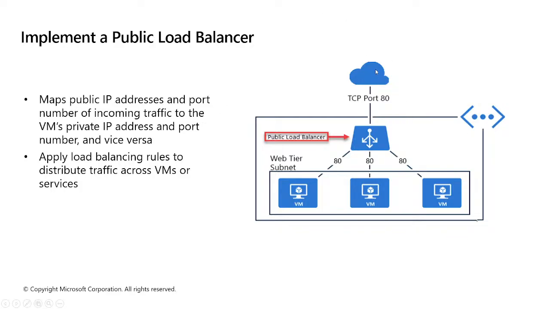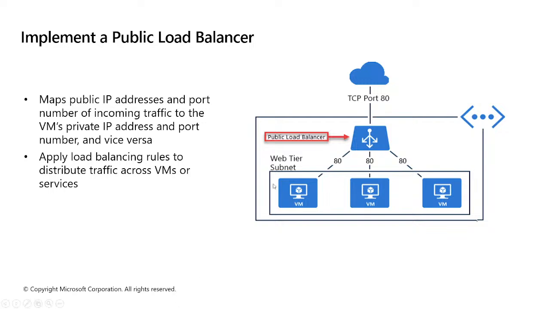Traffic is coming from the internet, and when it comes in, we've got, say, 3 different servers hosting our application. Let's say we've got one, but because of the traffic, we've got scalability in place, and different virtual machines are being spun up.